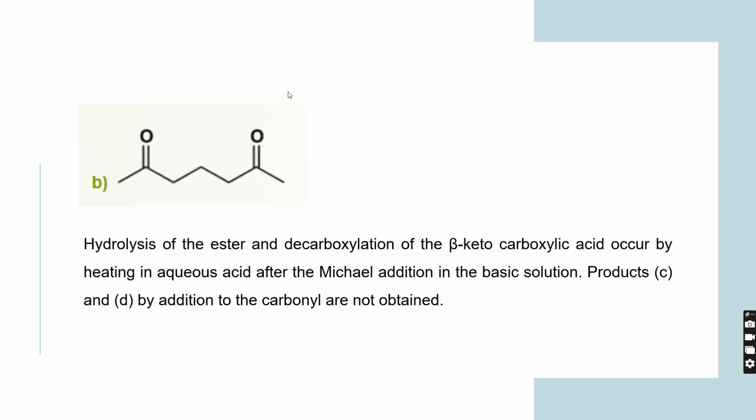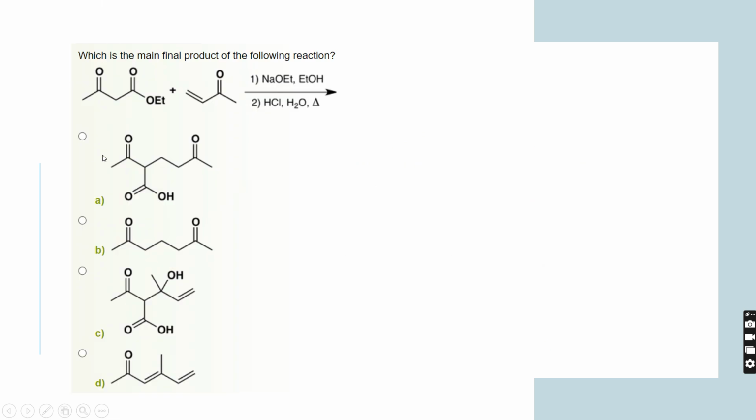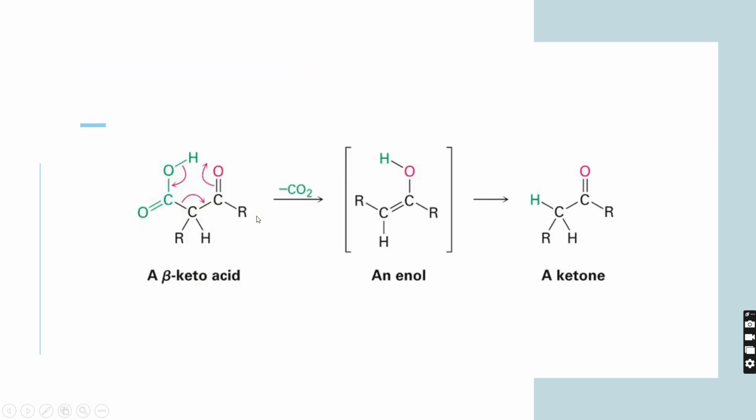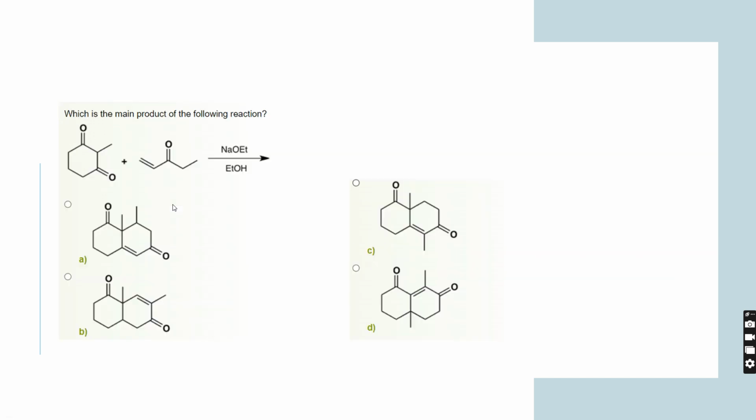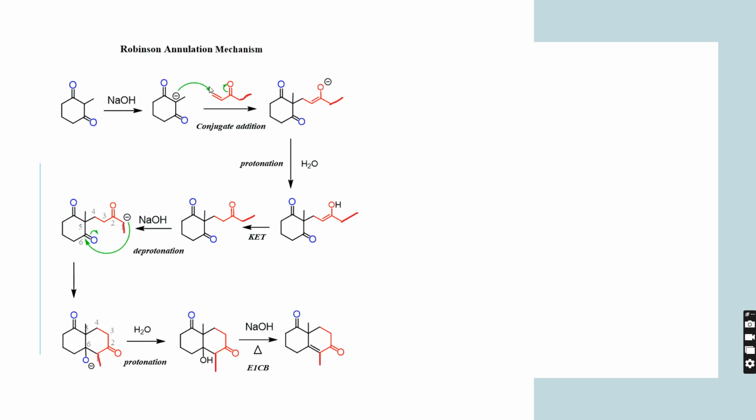We saw that the reaction did not stop at the beta keto acid stage, rather it underwent decarboxylation to give you this diketone product. And then in the next question we discussed the mechanism of this Robinson annulation reaction, and we saw what are the steps involved in this mechanism.